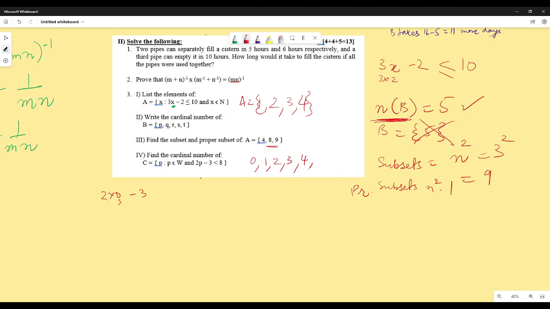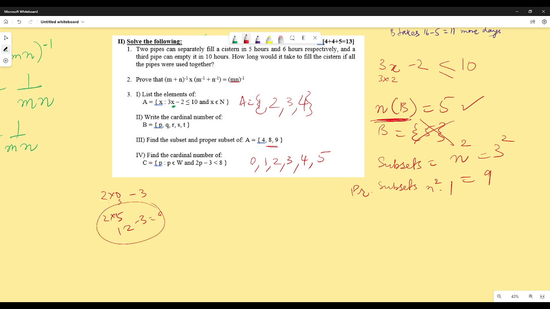Then we take up 5. 2 into 5 is 10. 10 minus 3 is 7. 7 is less than 8. So there will be 5 as well. Let us take up 6. 2 into 6 is 12. 12 minus 3 is 9. 9 is not less than 8. So we cannot take 6.